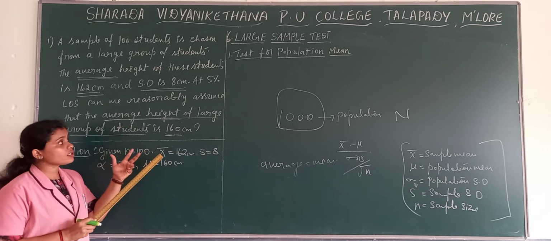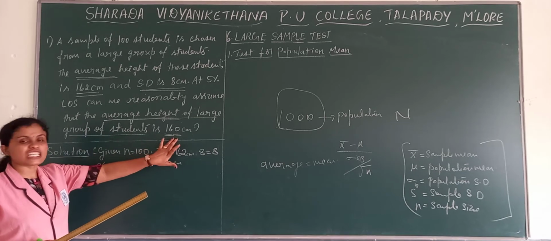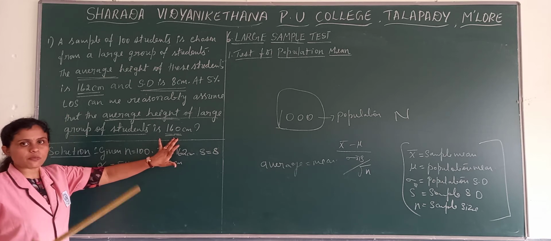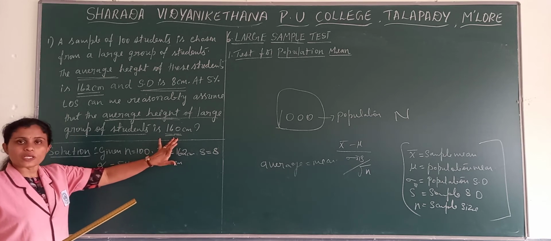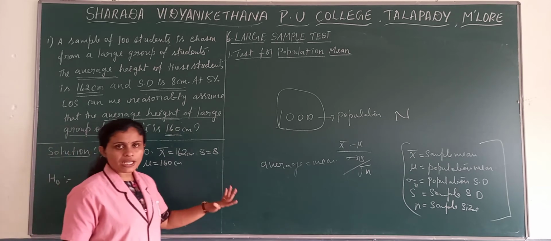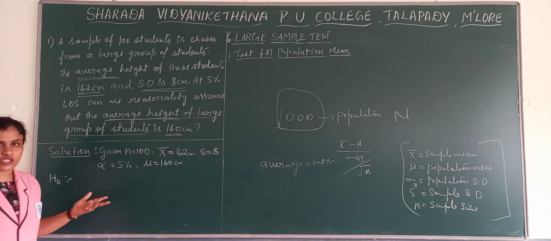What is their question? Can we reasonably assume that the mean of the large group of students is 160? We need to set two hypotheses here, two statements. One, yes, we can assume. One, we cannot assume. It's a simple hypothesis. Yes, we can assume. One more, alternative, we cannot assume.